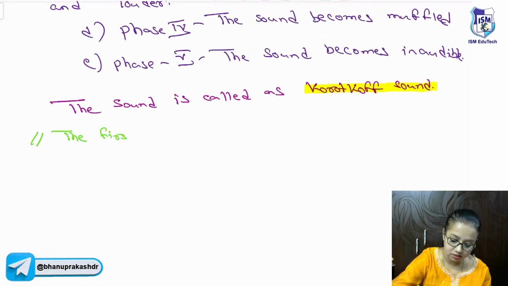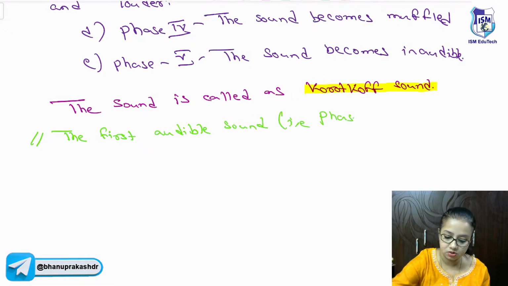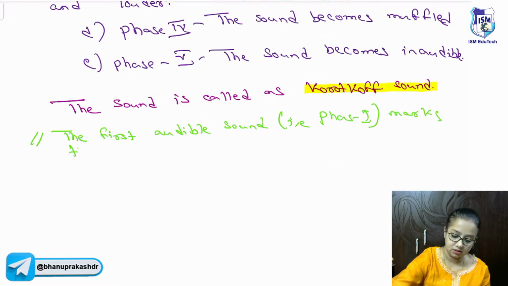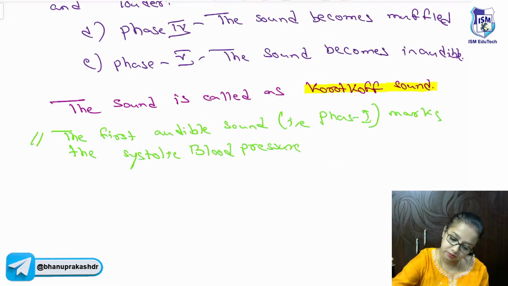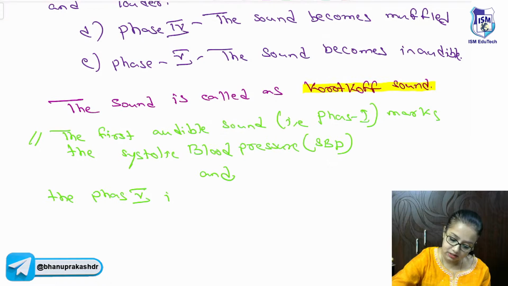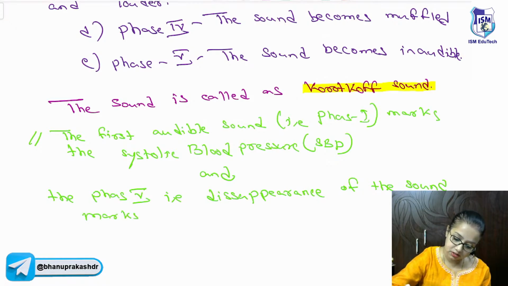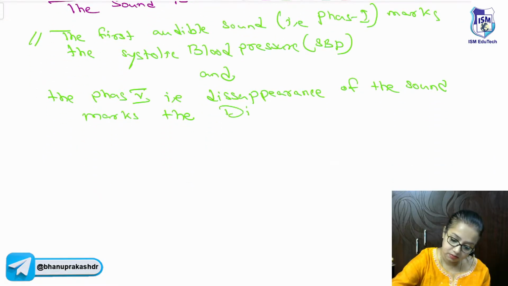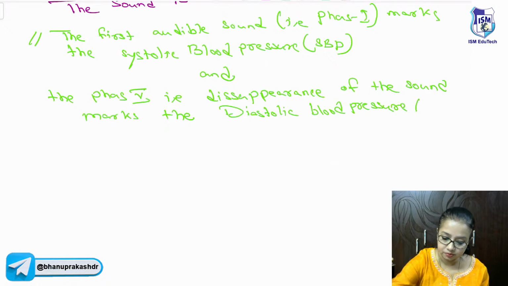The first audible sound, that is phase 1, marks the systolic blood pressure, and phase 5, that is the disappearance of the Korotkoff sound, marks the diastolic blood pressure. Okay.